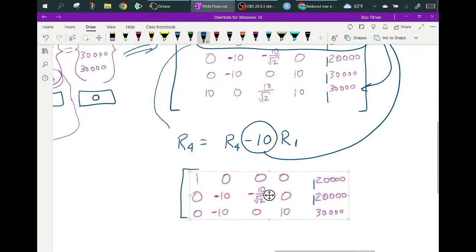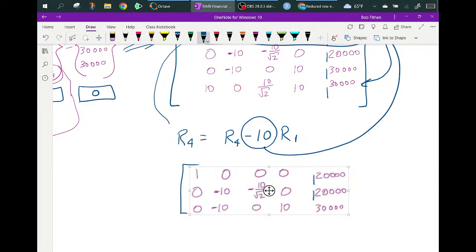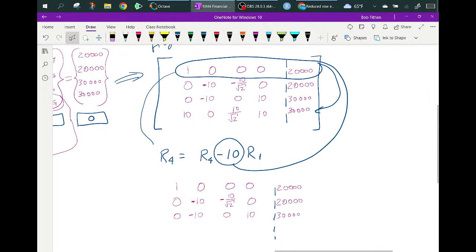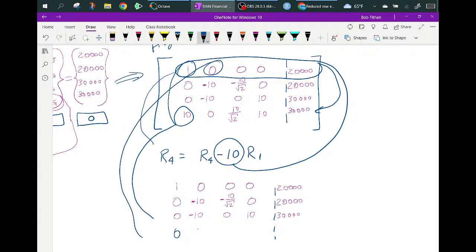Obviously the little thing here needs to be widened. So all that doesn't change at all. But what happens is you take 10 times this number and you get a 0. 10 times the other is just 0.